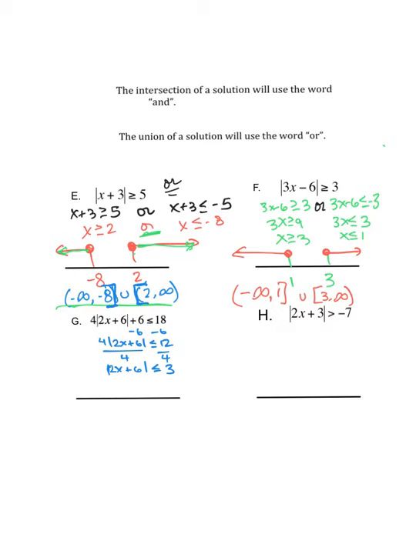So now we want to write our two inequalities. 2x plus 6 less than or equal to 3. 2x plus 6 greater than or equal to, because we're going in the opposite direction, -3. And ladies and gentlemen, this one's less than. So we're in a confined space. It's and.